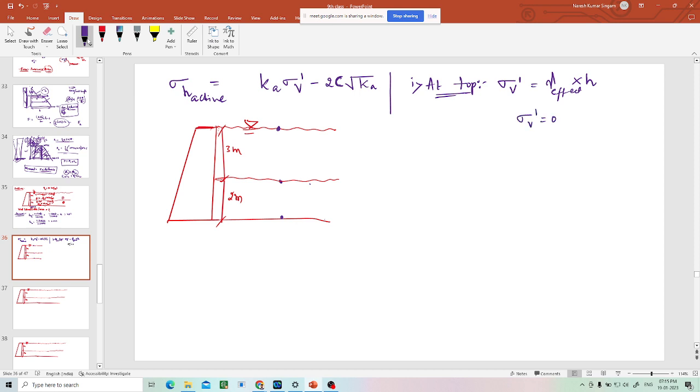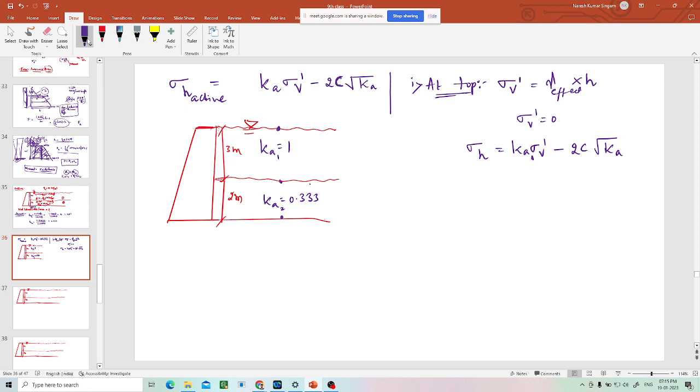Now, what is sigma h? Sigma h is Ka sigma v dash minus 2c under root Ka. We know the Ka value: for the first layer Ka1 is 1, and for the second layer Ka2 is 0.33.